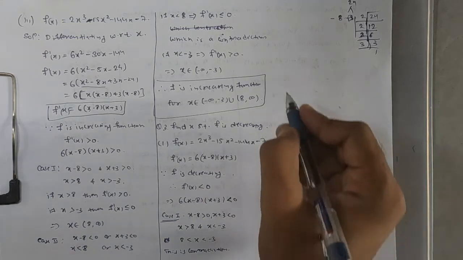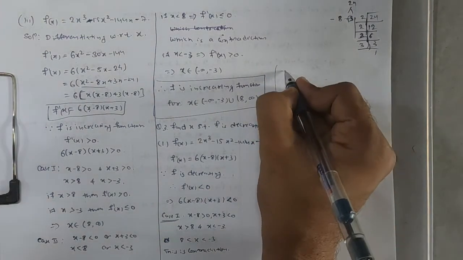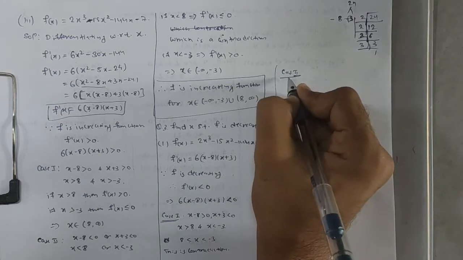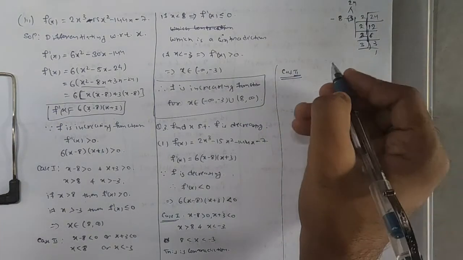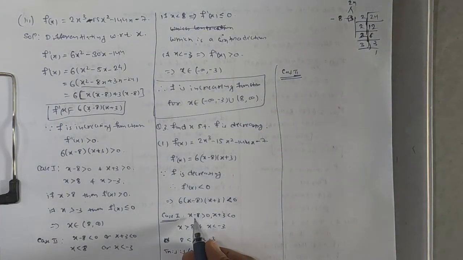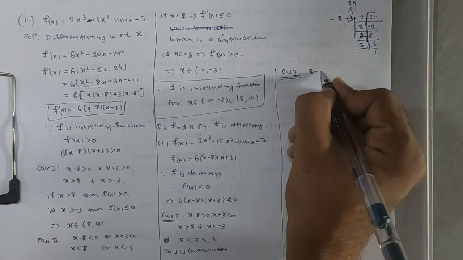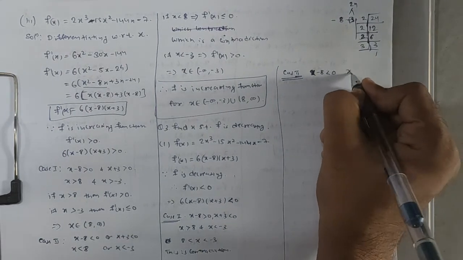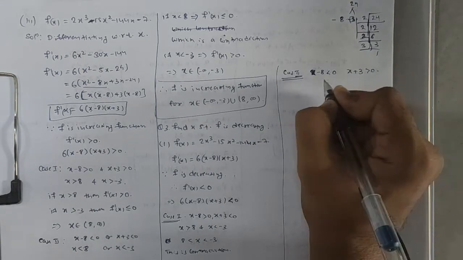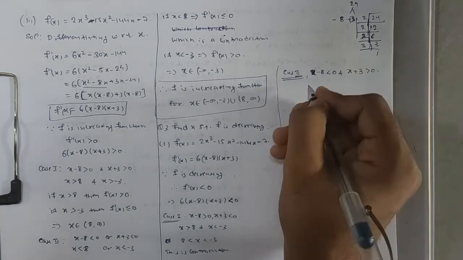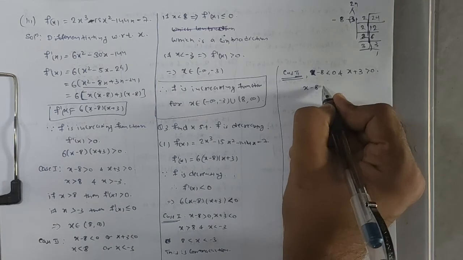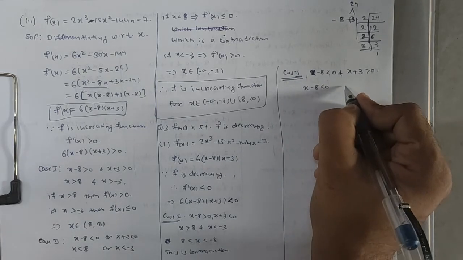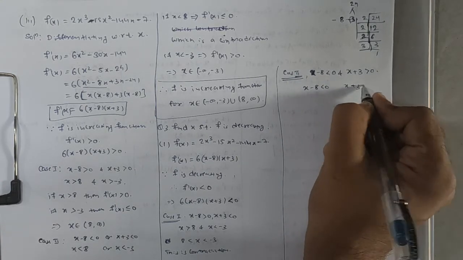So now we will move towards the second case, case 2. In the second case, what we will take? We will take the reverse. Here we have taken x minus 8 positive and x plus 3 negative. So here we will take x minus 8 negative and x plus 3 positive. So x minus 8 is less than 0 and x plus 3 is greater than 0.